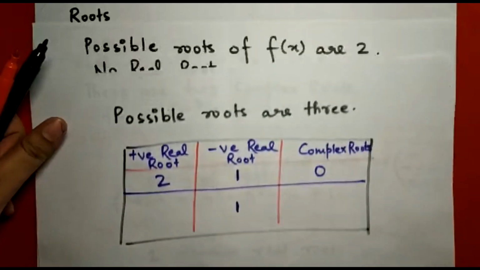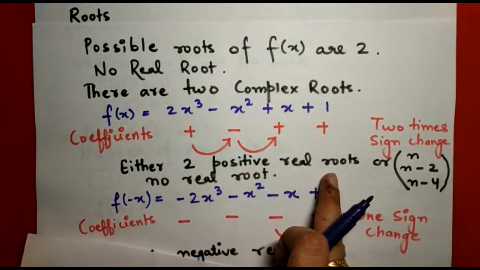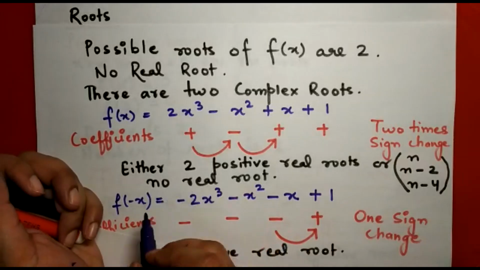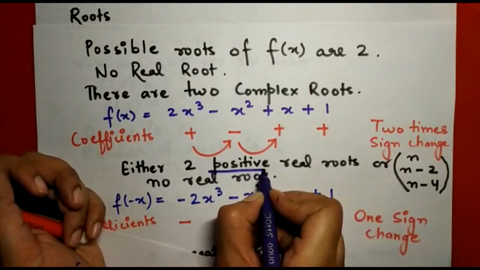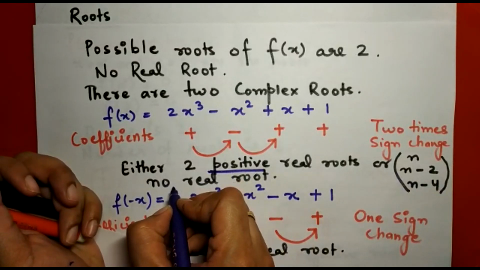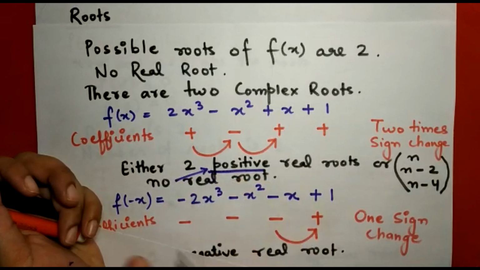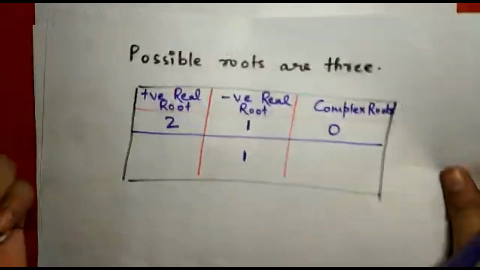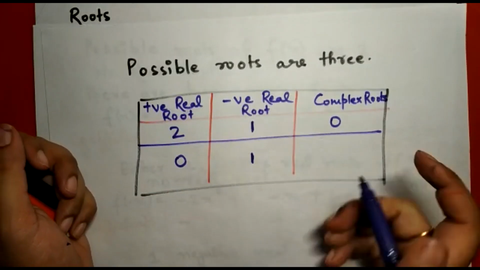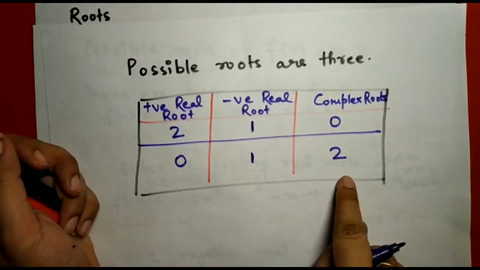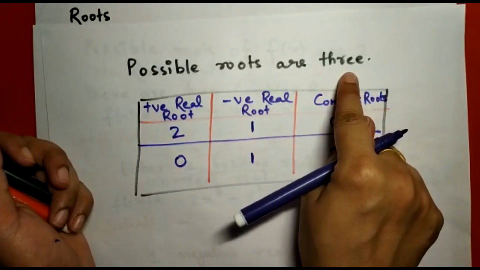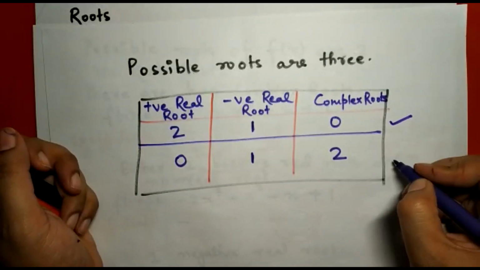But if there is no positive real root, I would write 0 here. If it is 0, then how many are remaining? 2 plus 1, 3. So either this is possible or this is possible.